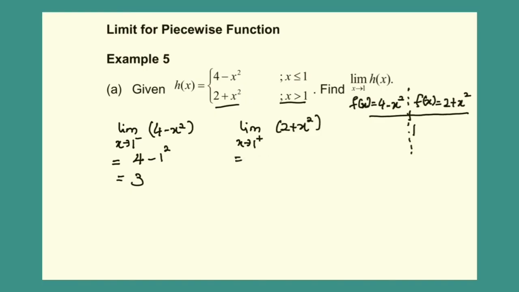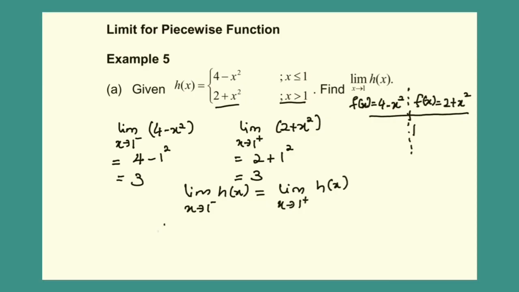This is equal to 2 plus 1 squared, equal to 3. Here, limit h(x) as x approaches 1 from the left equal to limit h(x) as x approaches 1 from the right. Therefore, the limit h(x) as x approaches 1 is equal to 3.